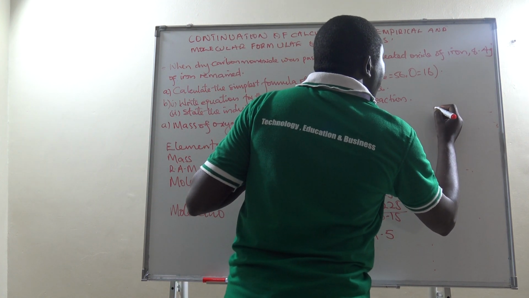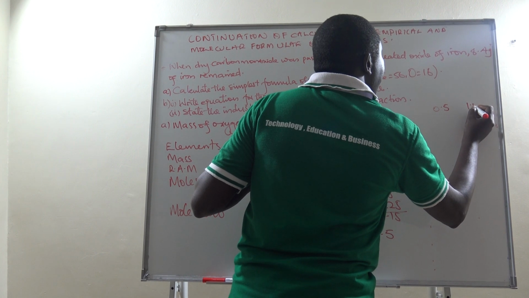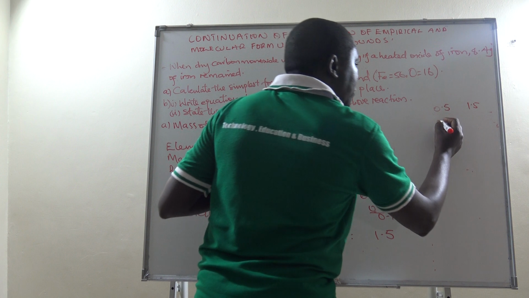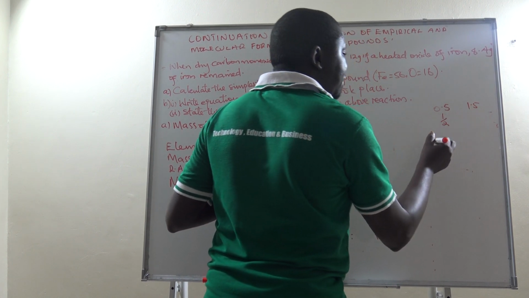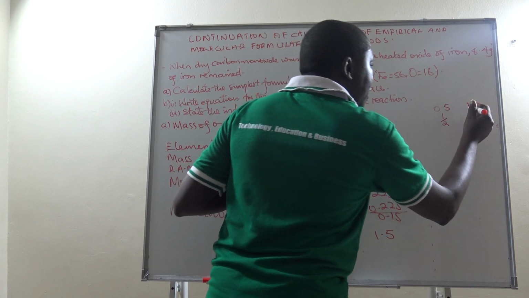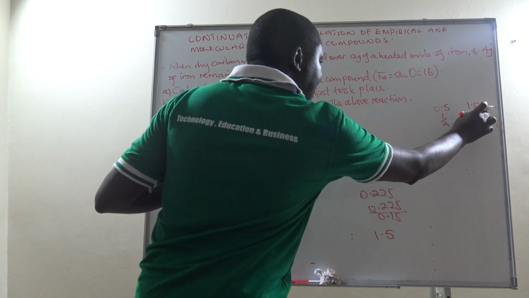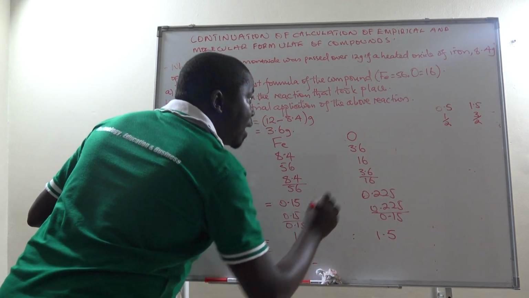Therefore, we start somewhere from 0.5, then we go to 1.5. We get the fraction that corresponds to exactly 0.5, which is a half. The one that corresponds to 1.5 is got by adding the denominator to the numerator, which is 3 over 2.